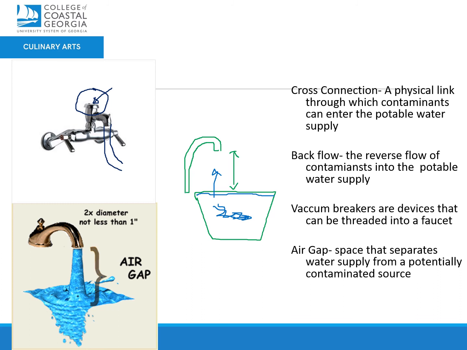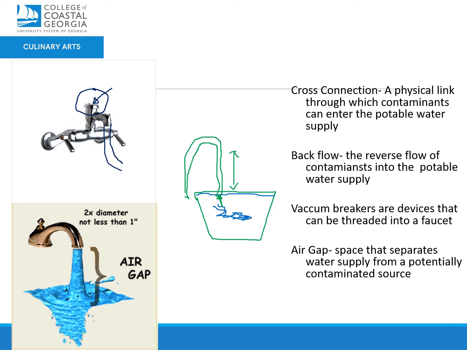Now, it's possible that you can have a design where, for whatever reason, this faucet up here extends down. Well, now it's possible that the water could hit the level of the faucet.